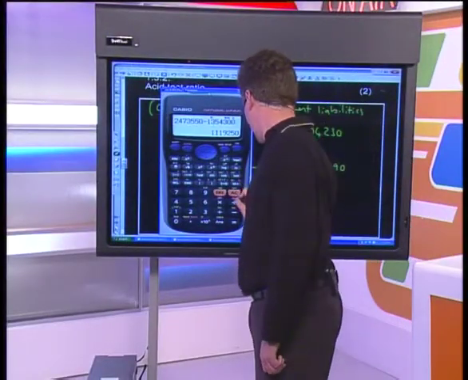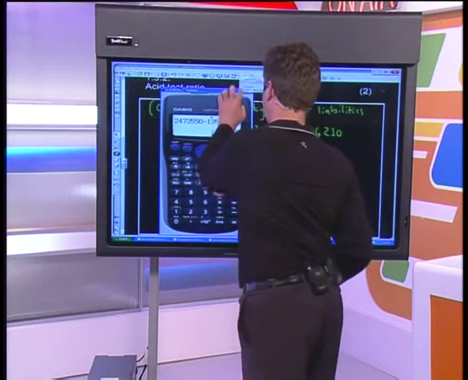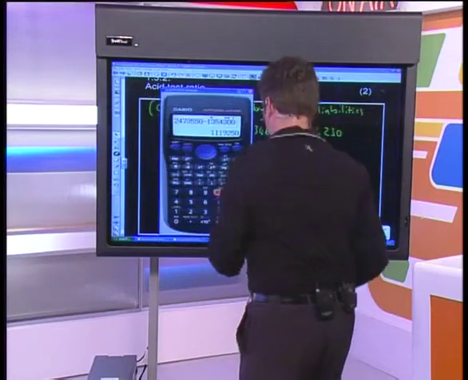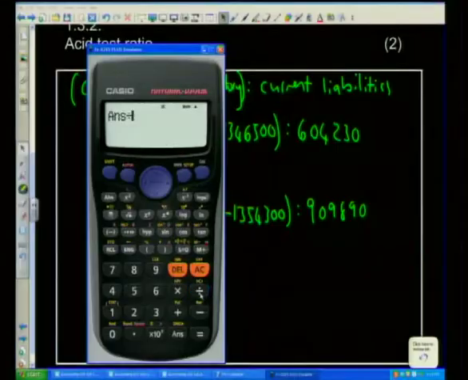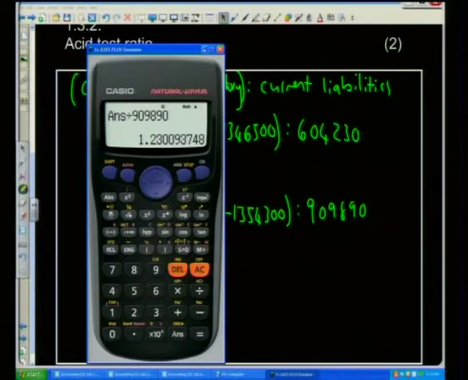Once you've done that, you're going to divide it by the 909,890, and the answer comes to 1,23 to 1. Let's put that as our answer, 1,23 to 1.